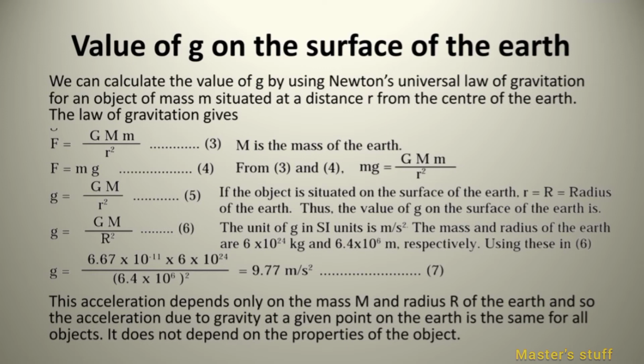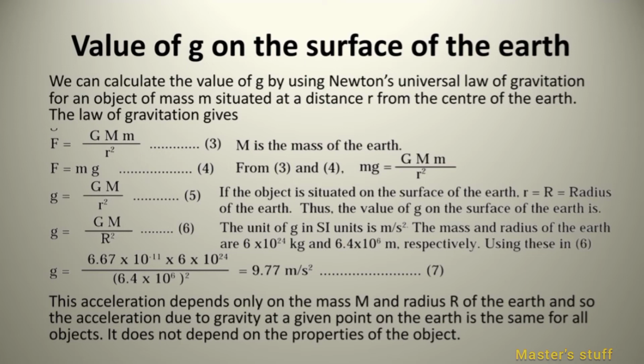Now, we know the value of capital G is 6.67 into 10 raised to minus 11. The value of capital M, that is the mass of earth, is 6 into 10 raised to 24. And the value of the radius of earth is 6.4 into 10 raised to 6.